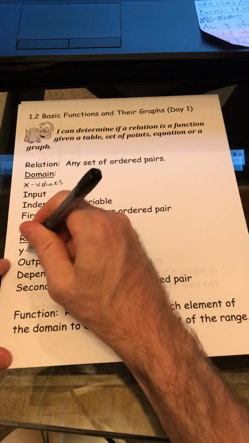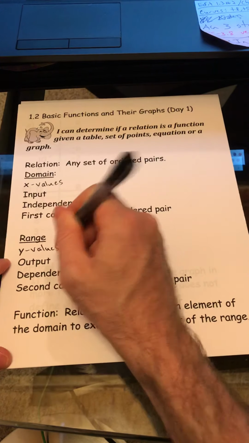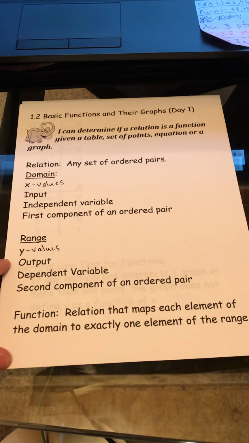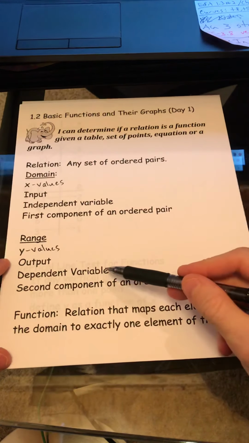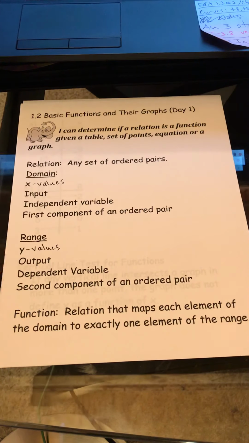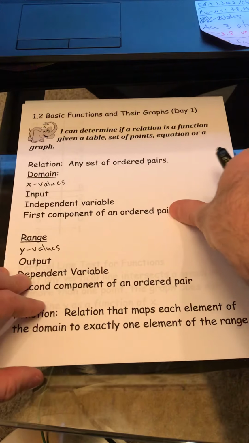Range is your y values. It's also the output, the dependent variable, or the second component of an ordered pair. And then a function is a relation that maps each element of the domain to exactly one element of the range. We'll talk about what this means as we look at some examples.